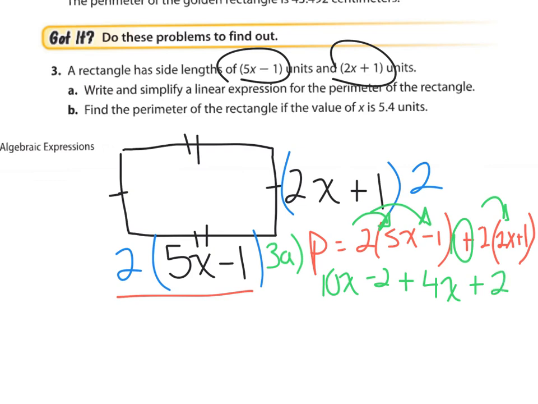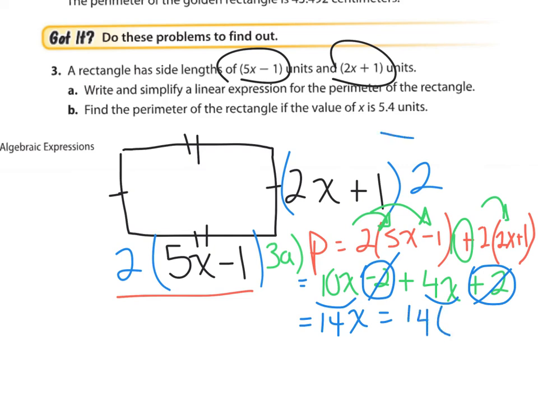Now, you probably already picked up on this, but this negative 2 and this positive 2 are going to cancel each other out. So I'm left with 10x plus 4x, which equals 14x. Now let's replace that variable. That equals 14 times, they told us right here, x is 5.4.